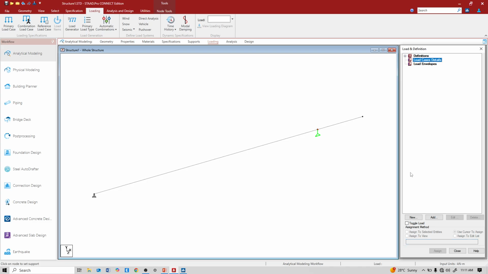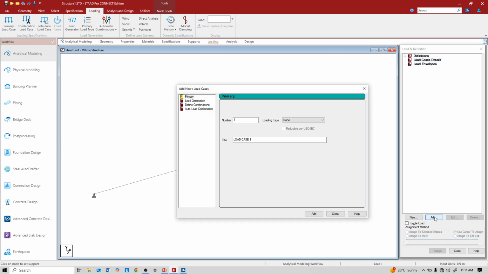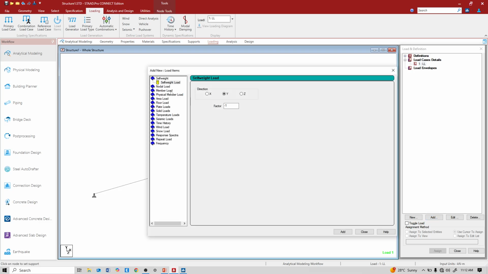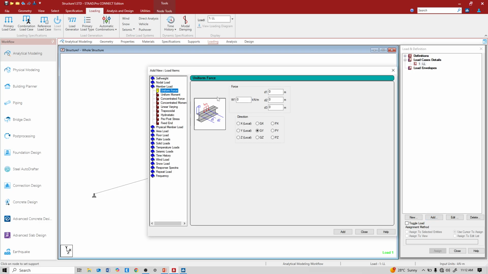Load case details. Add live load. Add, close. Click on live load. Click on add and click on member load. Then uniform force. Type here minus because this load is downward. Minus means the load is downward, and positive means the load is upward.